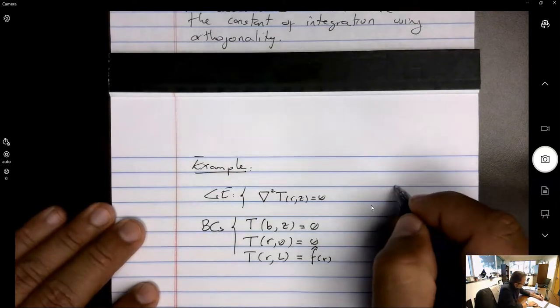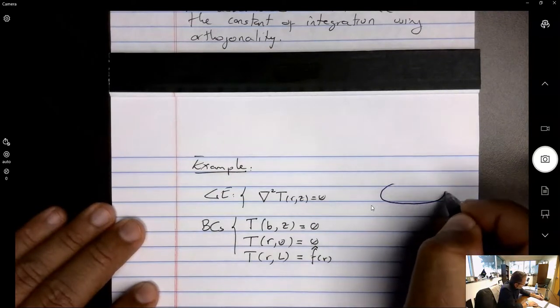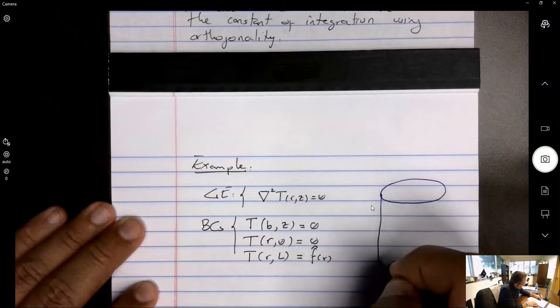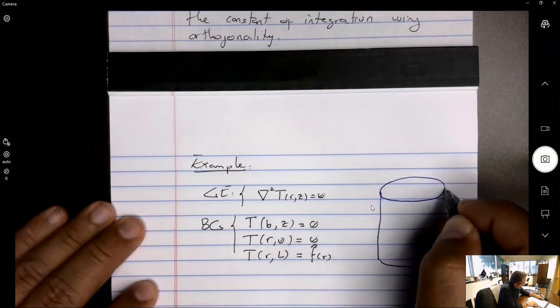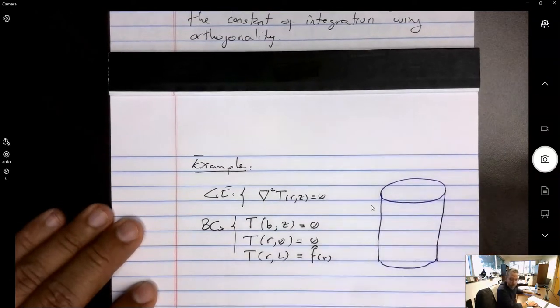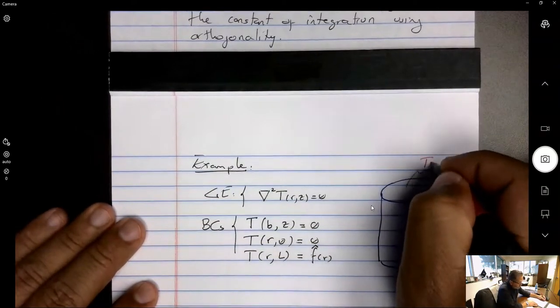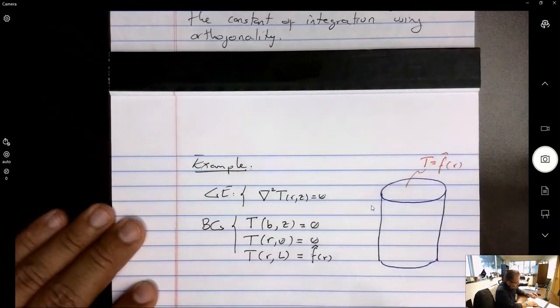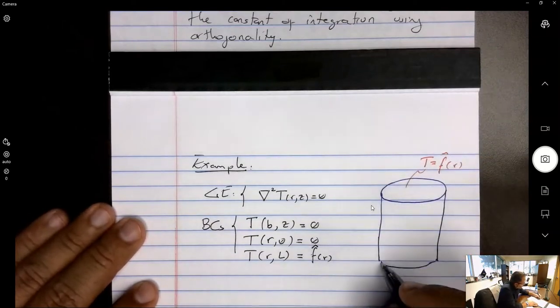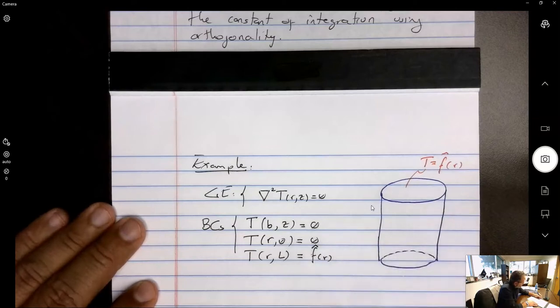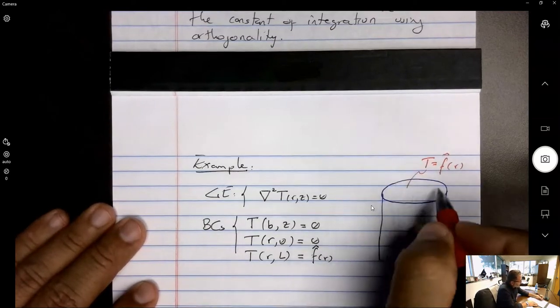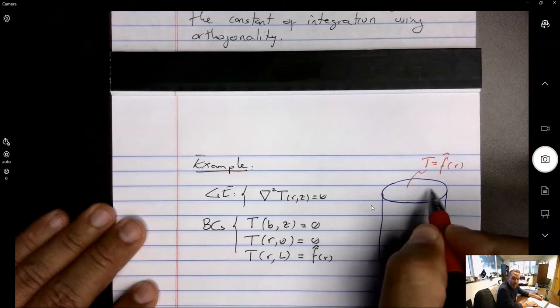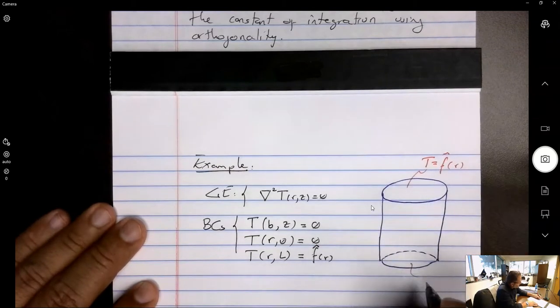So basically, let's draw the cylinder. On the top, we have the temperature equal to some f of r, some given value of temperature that is a function of r. It's different in the center than towards the outside.